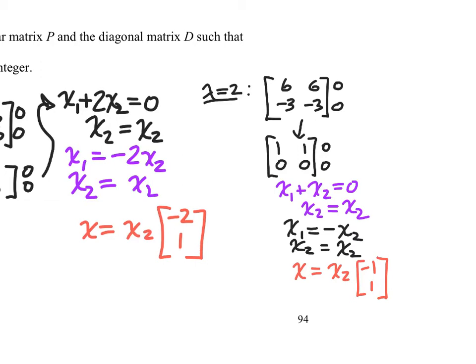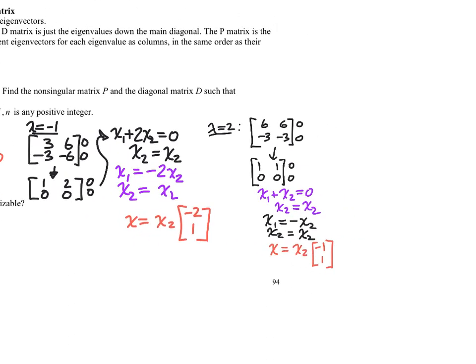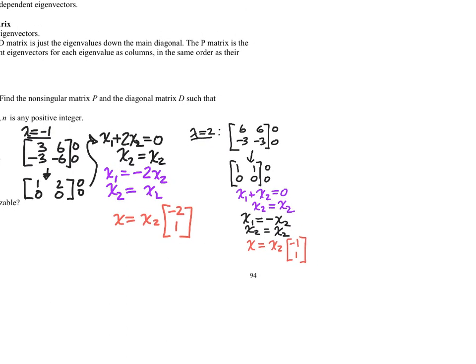Actually, I'm going to need that calculator in a minute. So I have my D, because again, those are the eigenvalues down the main diagonal. D is going to be the matrix -1, 0, 0, 2.